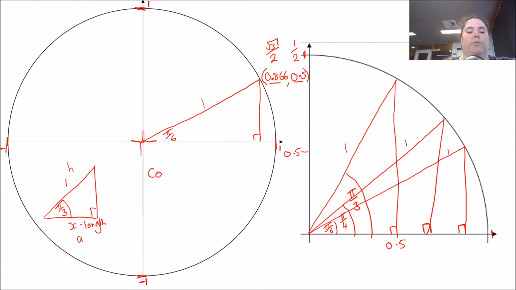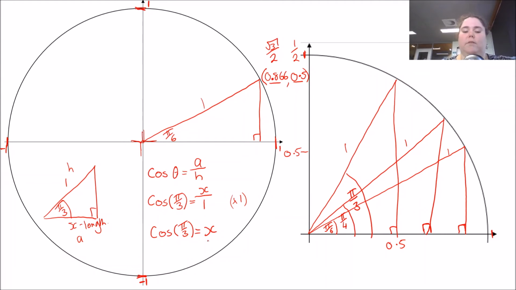And what rule is the hypotenuse and the adjacent? It is cos. So I can find that cos of pi on 3 equals my adjacent, which is the x value, over my hypotenuse, which is 1. If I times both sides by 1, I basically get rid of it. So I know cos of pi on 3 equals x.